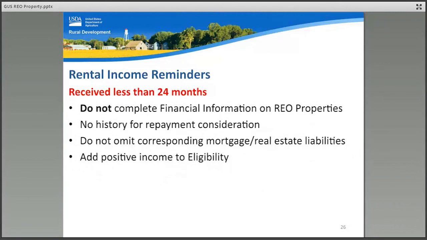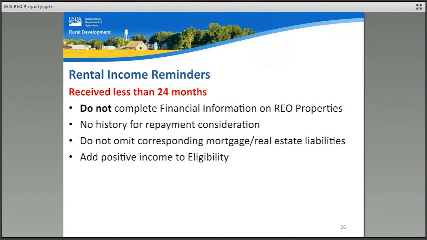When rental income has been received for less than 24 months, users should not complete the financial information section of the REO Properties page. This will ensure GUS does not add unsupported net rental income to the application. Rental income received for less than 24 months is not considered stable or a dependable source of income for repayment purposes.